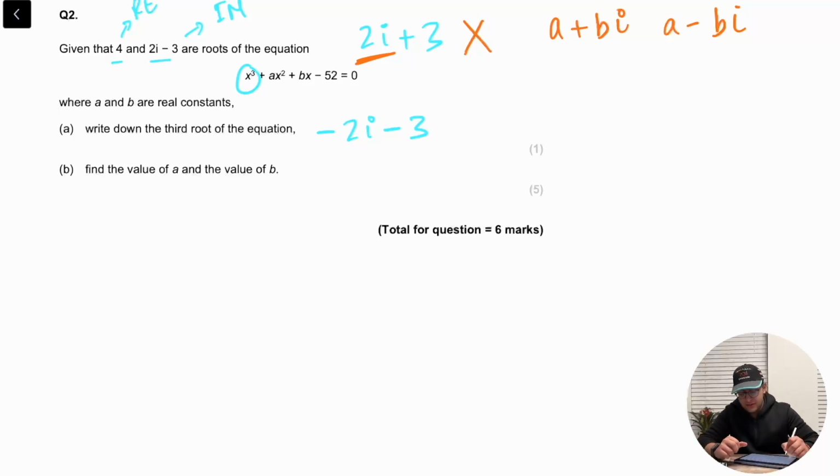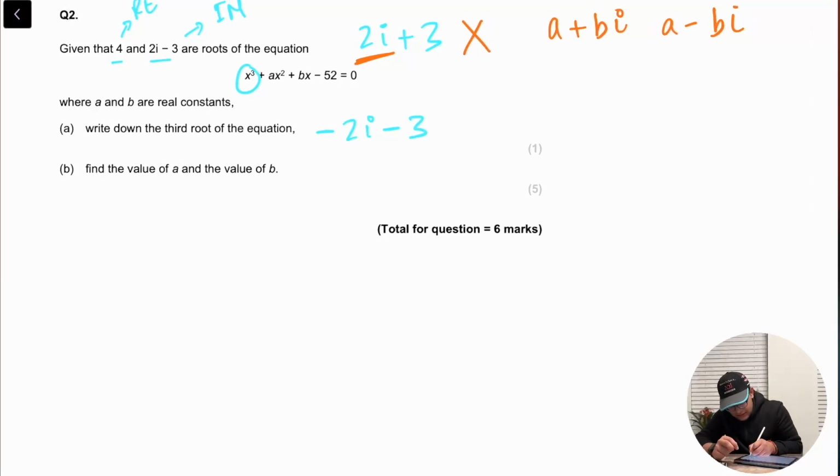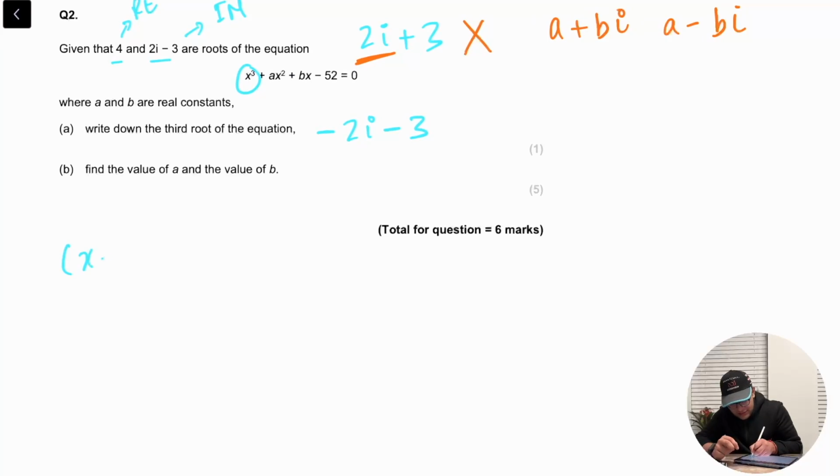So find the values of a and b. Now this is again very common. If you get the roots of a quadratic, you know that x minus a and x minus b equals the quadratic if a and b are roots. This is called the factor theorem, I think.